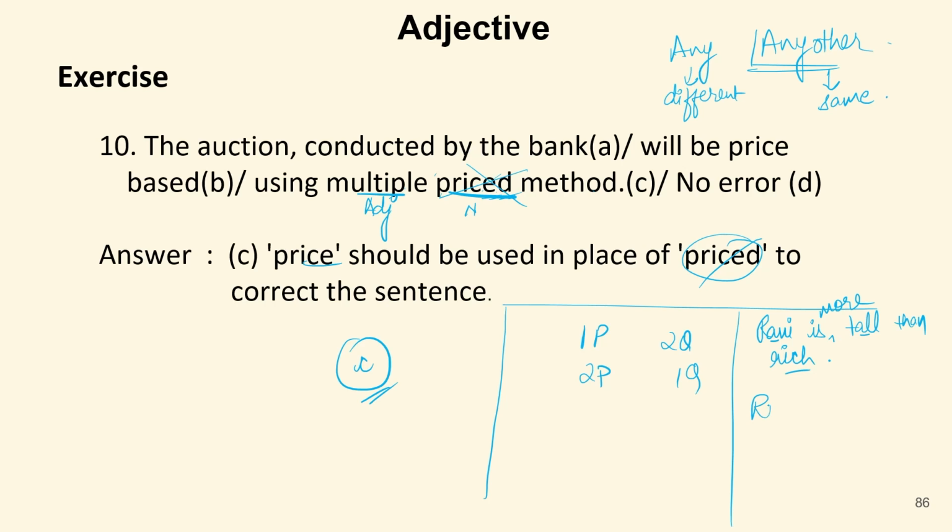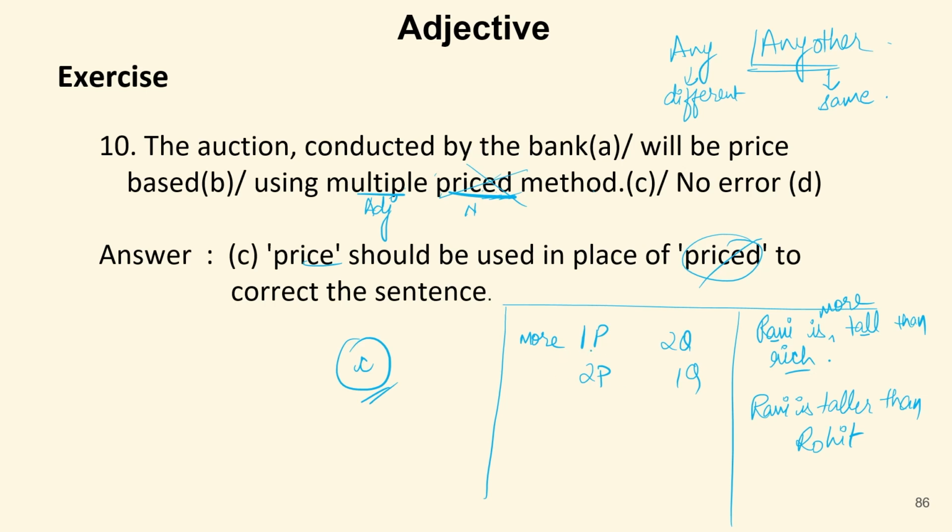But if I say Ravi is taller than Rohit, now in this case, we have two persons and one quality that is being compared between them. So in case of one person, two qualities, we use only the word more to convert the word into comparative.